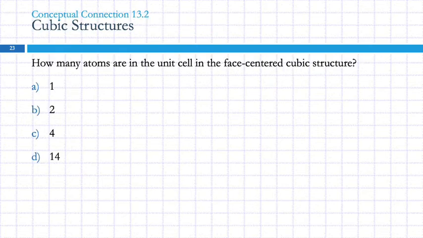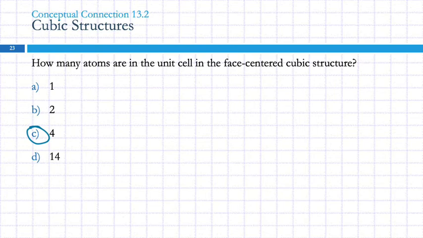This is a much more reasonable final exam question. How many atoms are in the unit cell in the face-centered cubic structure? I heard a little tiny 4, which is correct. The cube has 6 faces, right?